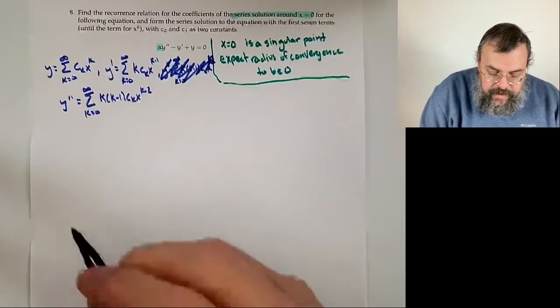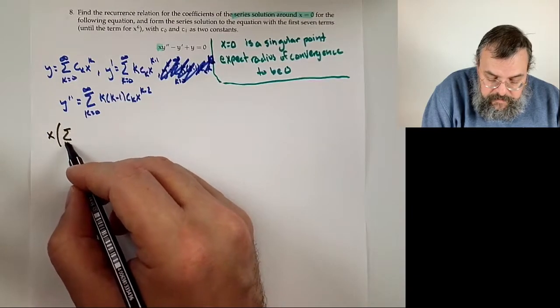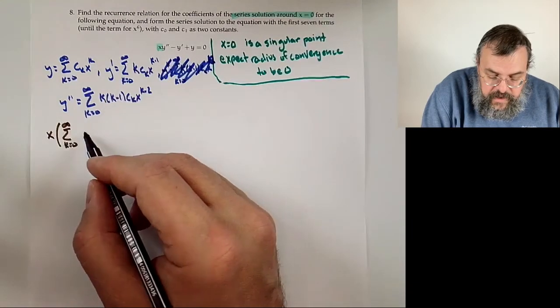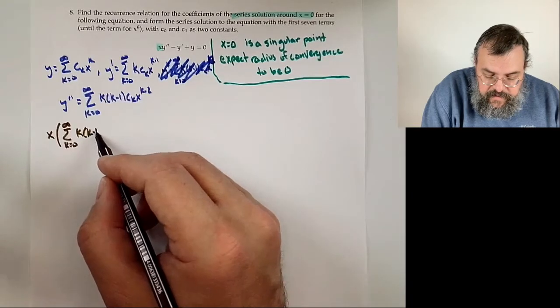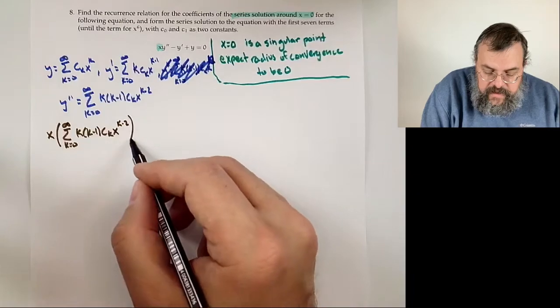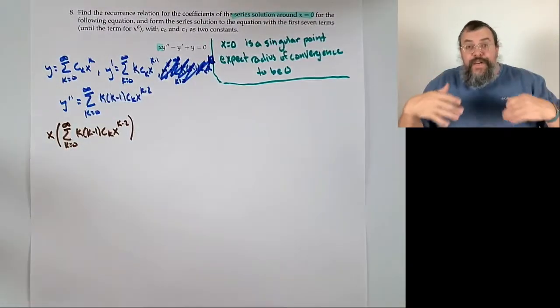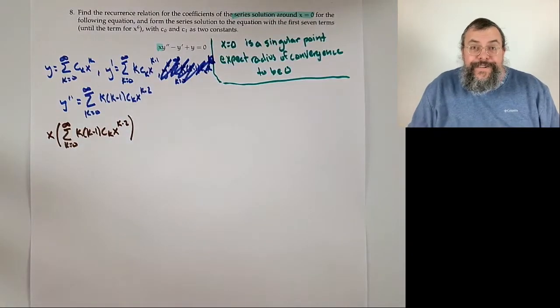Okay, so we have the following. x times y double prime, and so that's the sum. You'll notice on these problems, no single step is too bad. It's just copying. Be patient. Work it out.